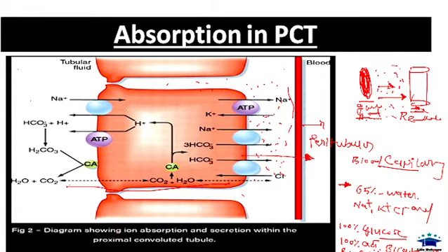If a substance moves from this part to this part between the cells, it uses the paracellular route, and if it moves through the cytoplasm, it uses the transcellular route. These are the two routes for reabsorption of substances such as glucose, amino acids, bicarbonate, sodium and potassium ions, etc.